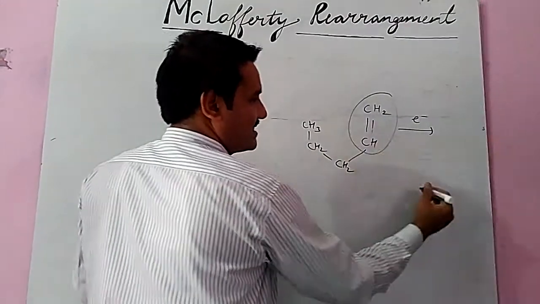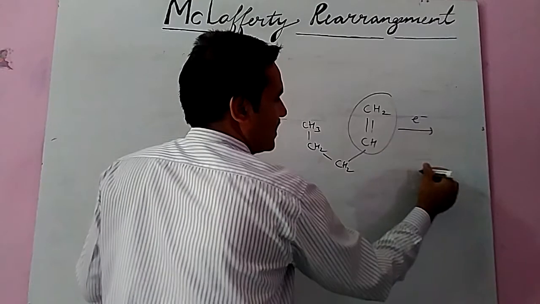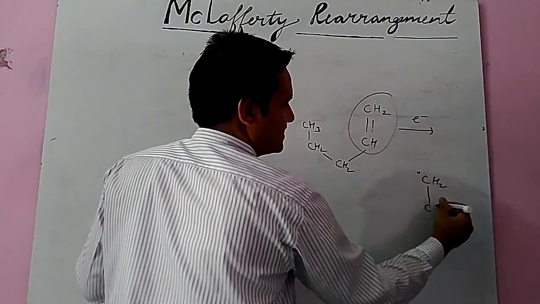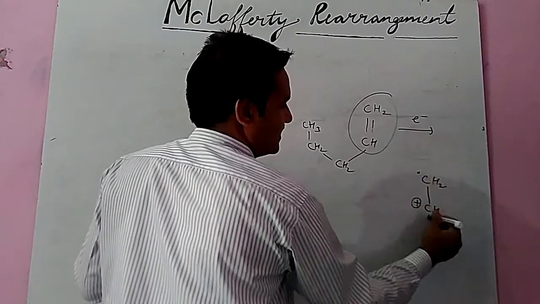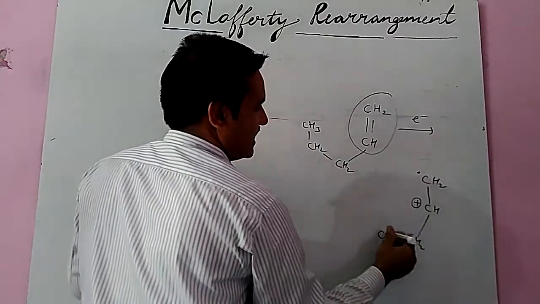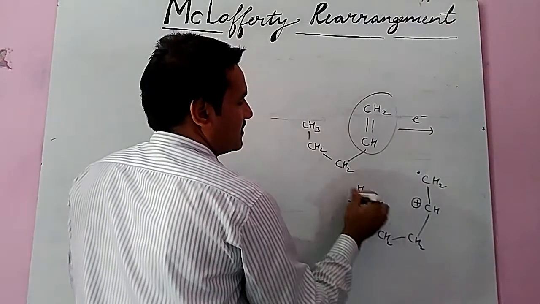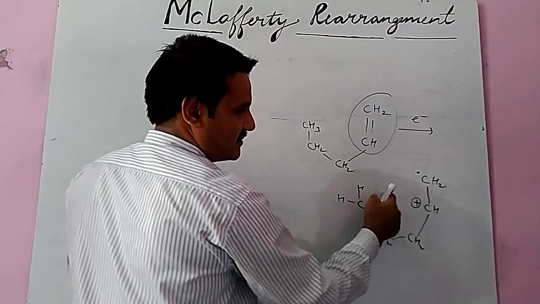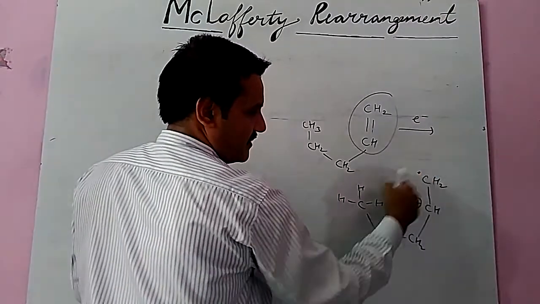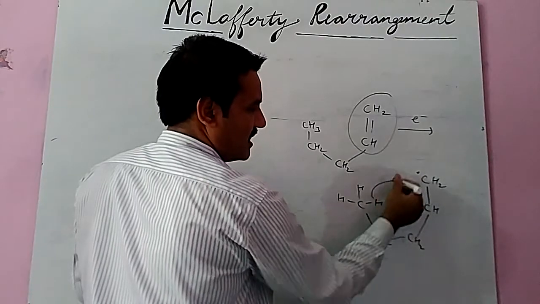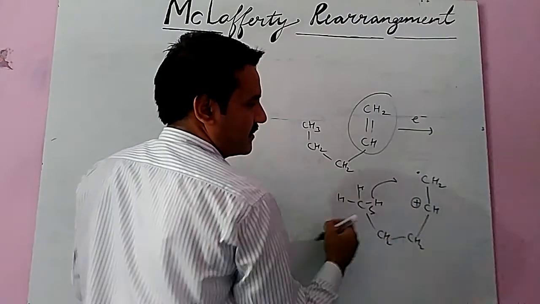So the break of this is CH2 radical, then CH positive charge, then CH2, then CH2, then CH3. Then gamma hydrogen transfers here, and the radical separates into 2 in this position, 1 and 1.